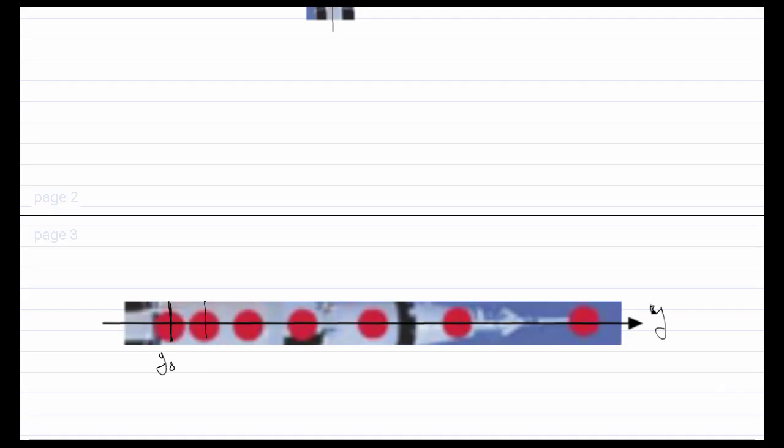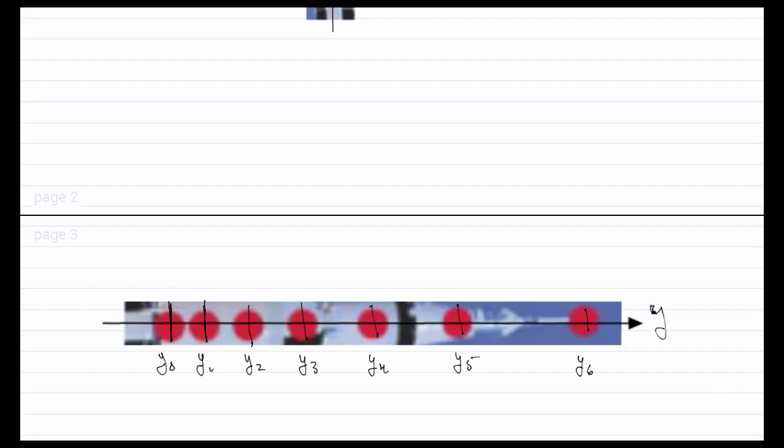And then here we'll have y1, y2, y3, y4, y5, and y6. So these are representing the position of the top of the rocket at various times.